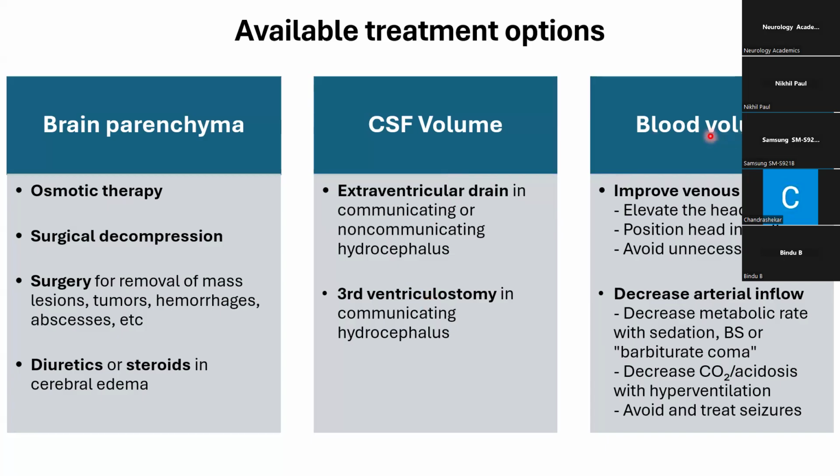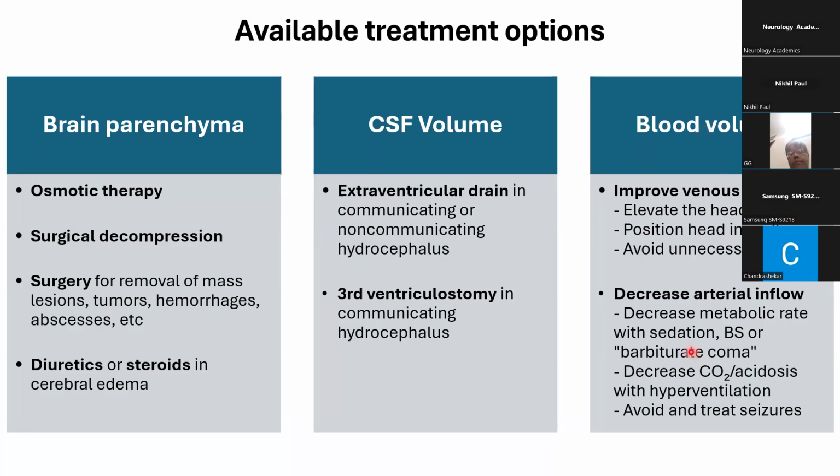Thirdly, when the involvement is of the blood volume, as I told, it is either due to an increased arterial inflow or a reduced venous outflow. To improve the venous outflow, we can use simple measures like elevating the head end of the patient, keeping the head in the midline, and, as I said earlier, avoiding unnecessary PEEP. All this can improve the venous outflow and thereby decrease the blood volume within the brain. To decrease the arterial flow, we can either give vasoconstriction, that is the concept behind hyperventilation, or we can reduce the cerebral oxygen demand.